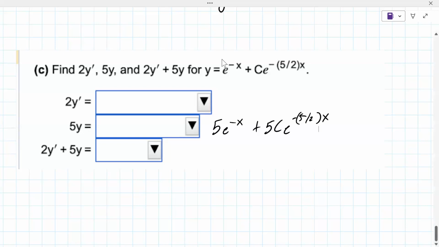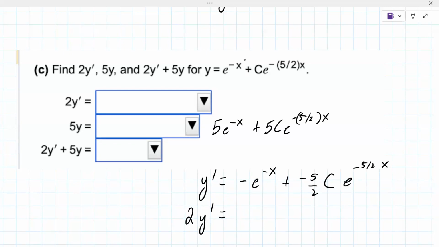Now the derivative is the same as the previous problem. It's minus e to the minus x plus, with the exception of that c there, like that. And then multiplying it by 2, minus 2e to the minus x, minus 5c e to the minus 5 over 2 x.